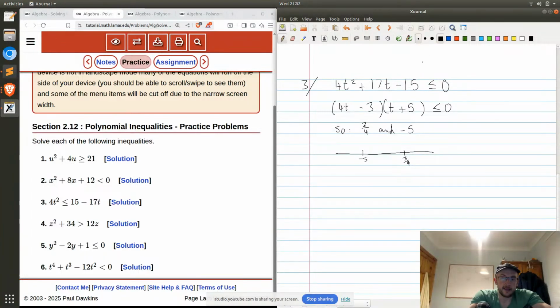I say test your regions. So who's between here? Who is very, very, very convenient? The answer is 0. You stick in 0, and what do you get? You get -3 times 5, which is -15, which is indeed less than or equal to 0. So the middle region is valid.